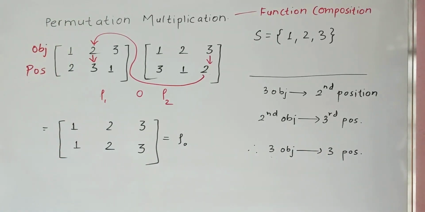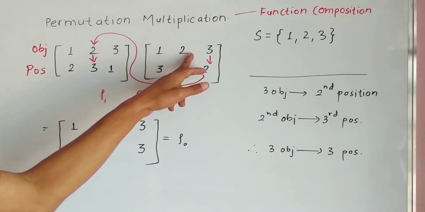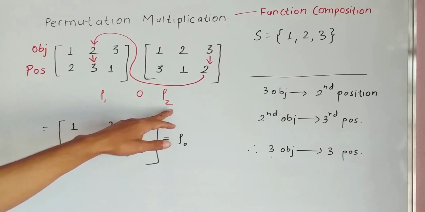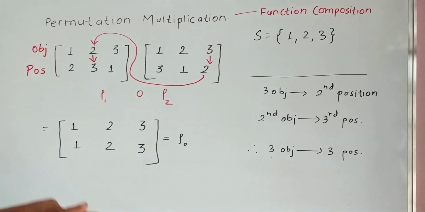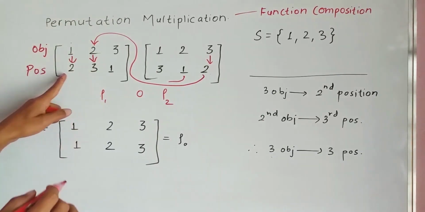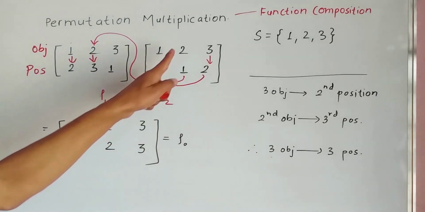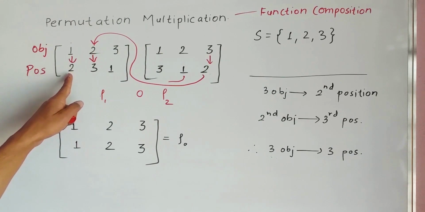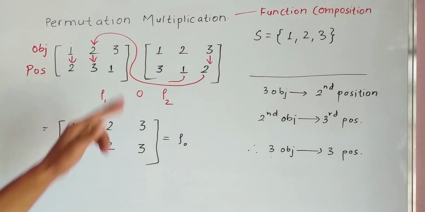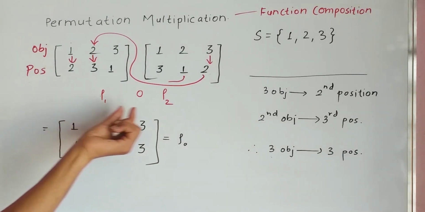And in a similar manner, second object goes to first position by rho 2, then by rho 1 this object at first position goes to second position. Therefore, second object goes to second position and likewise first object goes to first position by the operation rho 1 of rho 2.